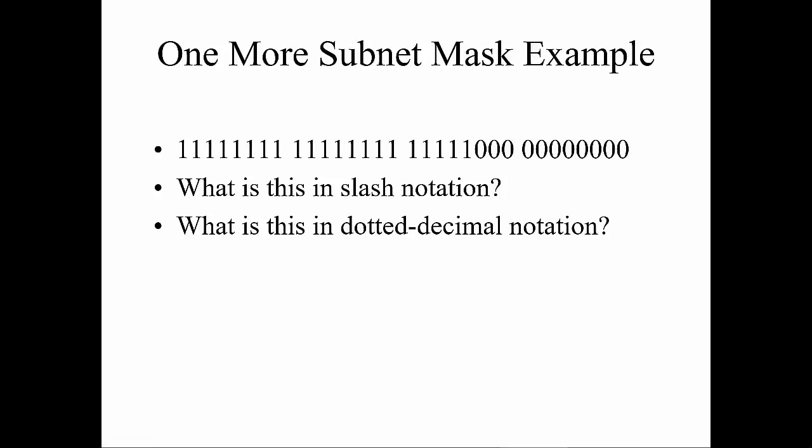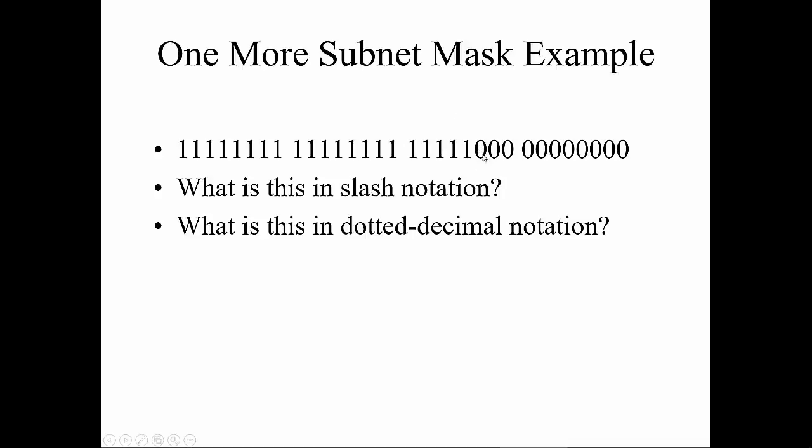Let's look through one more example. Again, the slash notation: 8, 8, 17, 18, 19, 20, 21. So the slash notation would be /21. In dotted decimal form, here's 8 bits, here's 8 bits, so that's 255.255, then 128 plus 64 plus 32 plus 16 plus 8.